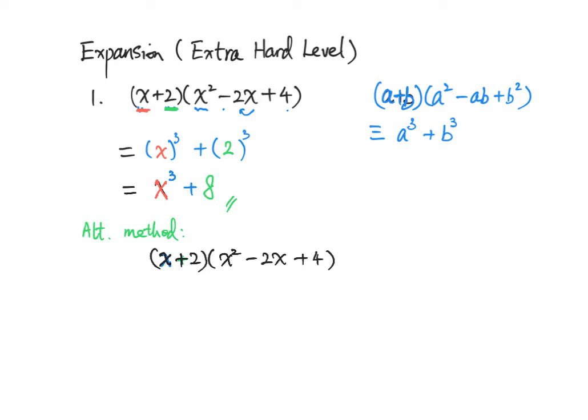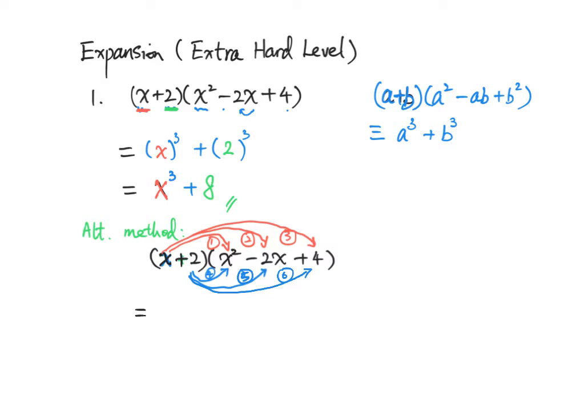We multiply each term in the first bracket by all the terms in the second bracket. The first step: x times x², x times negative 2x, x times positive 4, and then positive 2 times x, positive 2 times negative 2x, this is the 5th, and positive 2 times positive 4, this is the 6th step. Okay, so let's write it down.